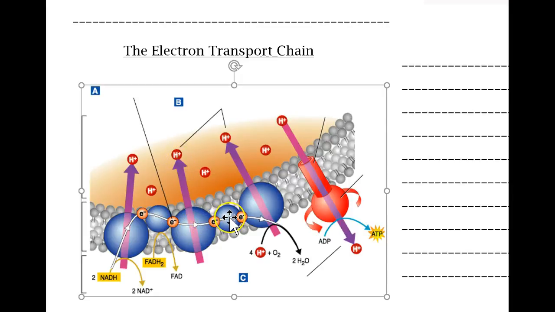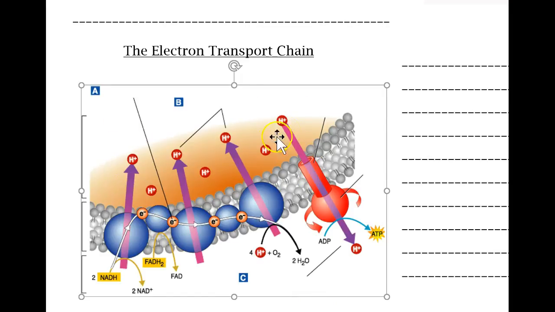When they're done, they'll move into the second transport protein to the third ion pump, where they'll pump more hydrogen ions against the gradient. When they're done, they'll attach to hydrogen ions that will attach to oxygen that will form water, and water will be released as a byproduct.